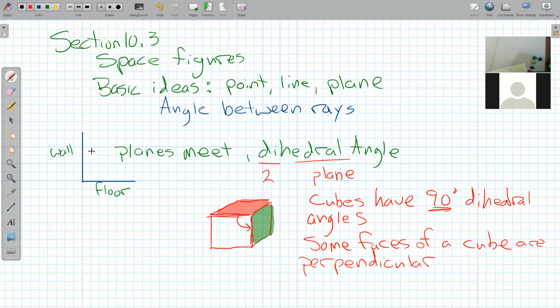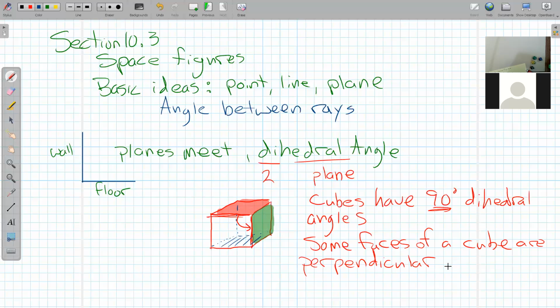On the other hand, if we imagine seeing through this cube here, so let's put some dotted lines like we're looking through it, then I get this floor down here. And so some faces like this ceiling and that floor are parallel instead of perpendicular.